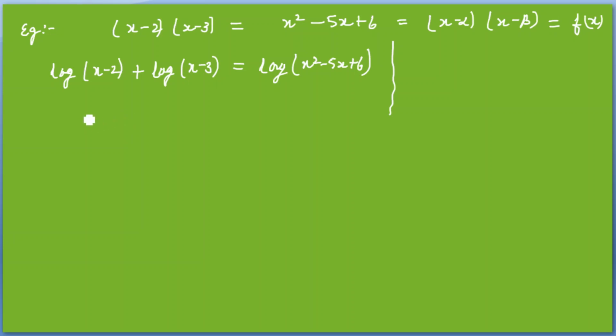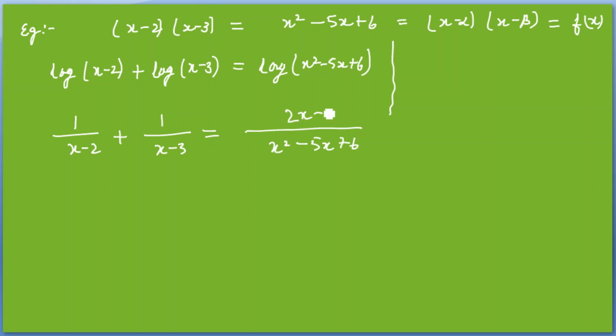Now differentiating both sides, we can write 1 upon (x minus 2) plus 1 upon (x minus 3) is equal to, over x² minus 5x plus 6, on top it is 2x minus 5. We are differentiating the log; you should know the chain rule for differentiating it.